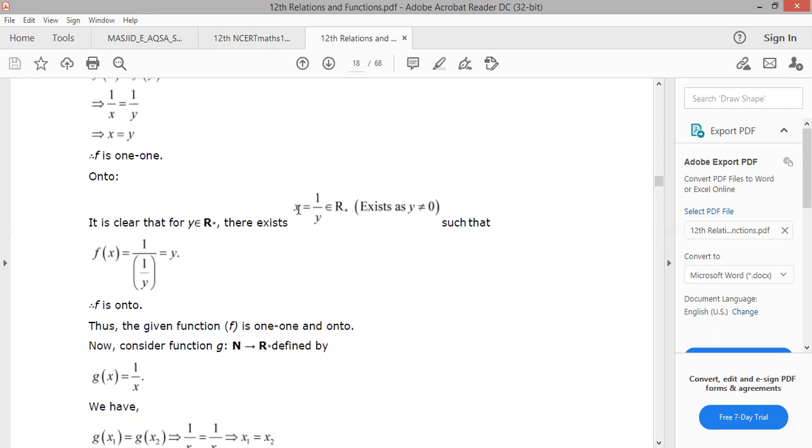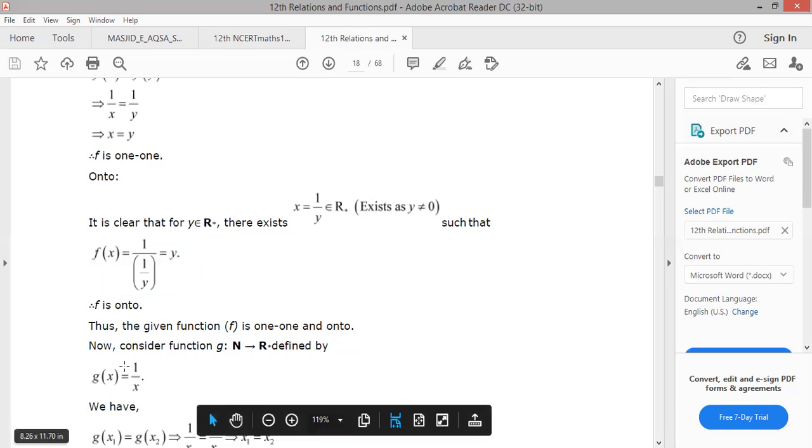So f of x will be defined as 1 by x, but x is equal to 1 by y, so it is 1 by 1 by y, that's equal to y. This implies that for every codomain element y, there is some element x in the given mapping, hence this function is one-one and onto.